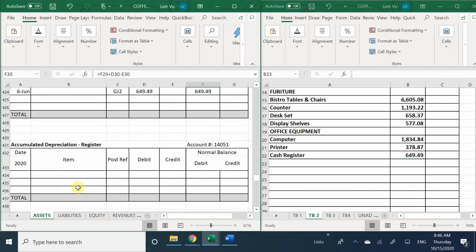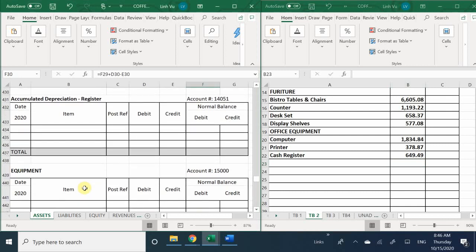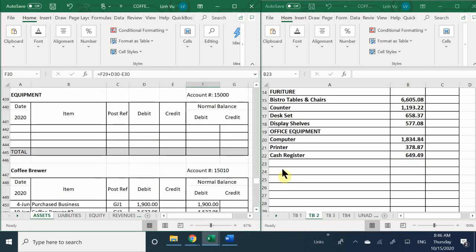That should be the end of my office equipment.